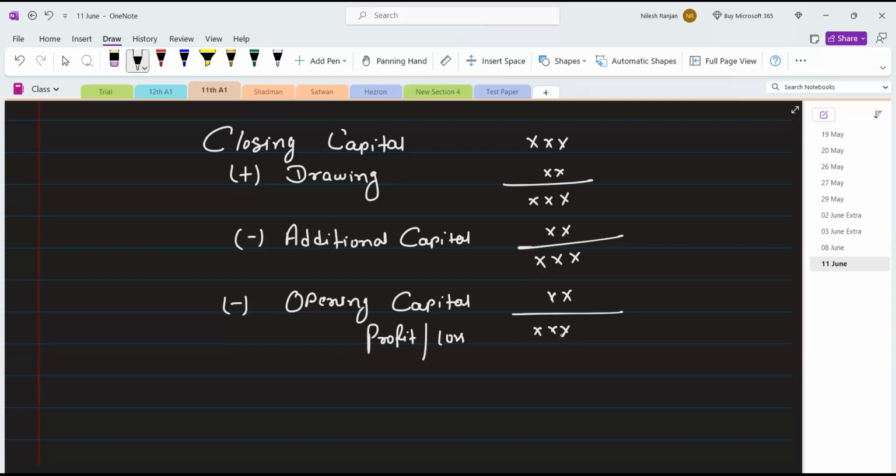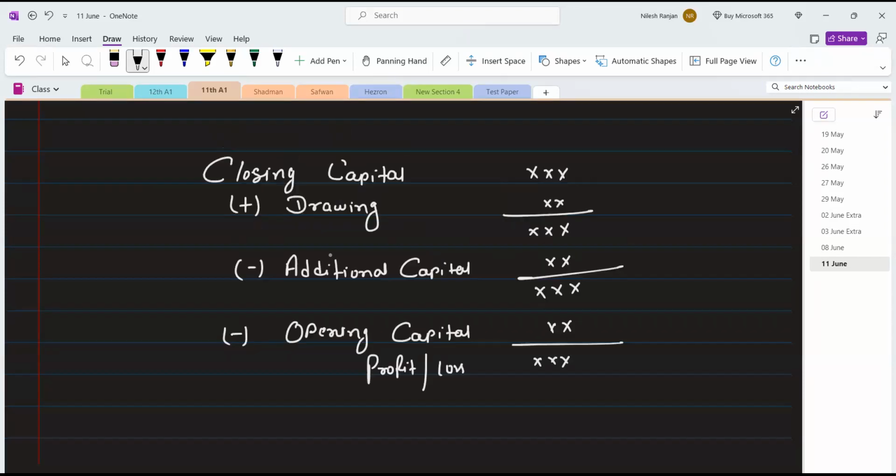Is this clear? Yes, sir. Okay. So this is how we calculate profit or loss.